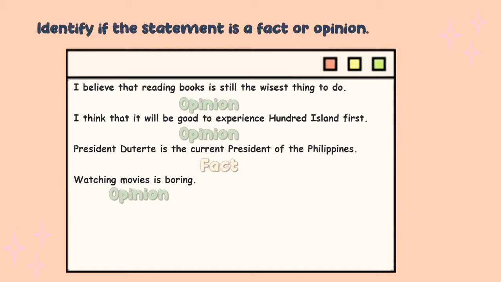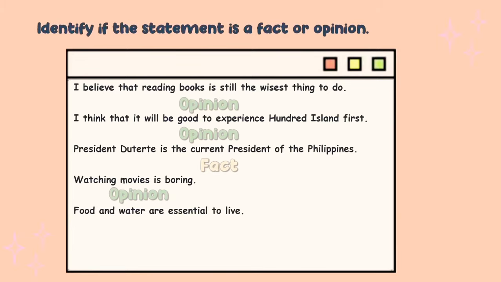May mga taong na-enjoy talaga ang panonood ng movies. Pero may mga tao din naman na hindi na-enjoy ang movies at naiinip lang sila. Dahil meron nga tayong iba't ibang gusto at ayaw, magkakaiba talaga tayo ng opinion. Next, food and water are essential to live.